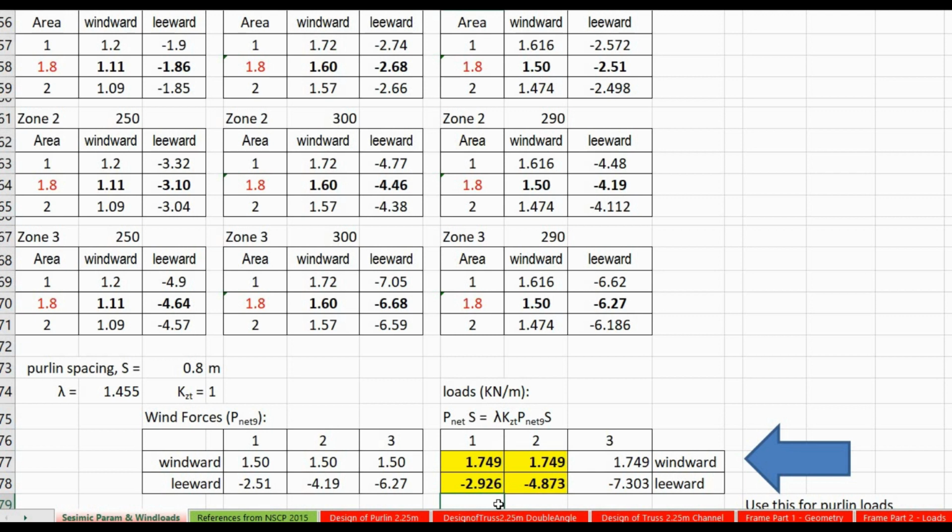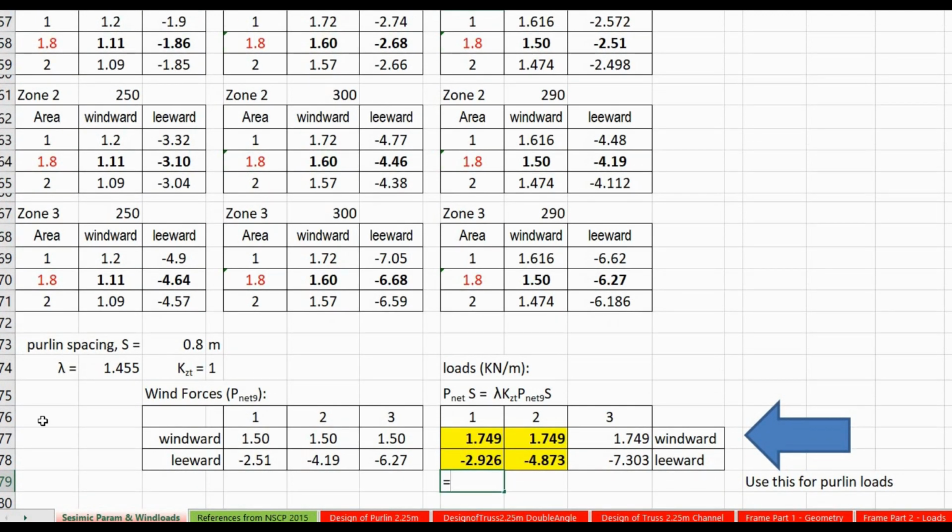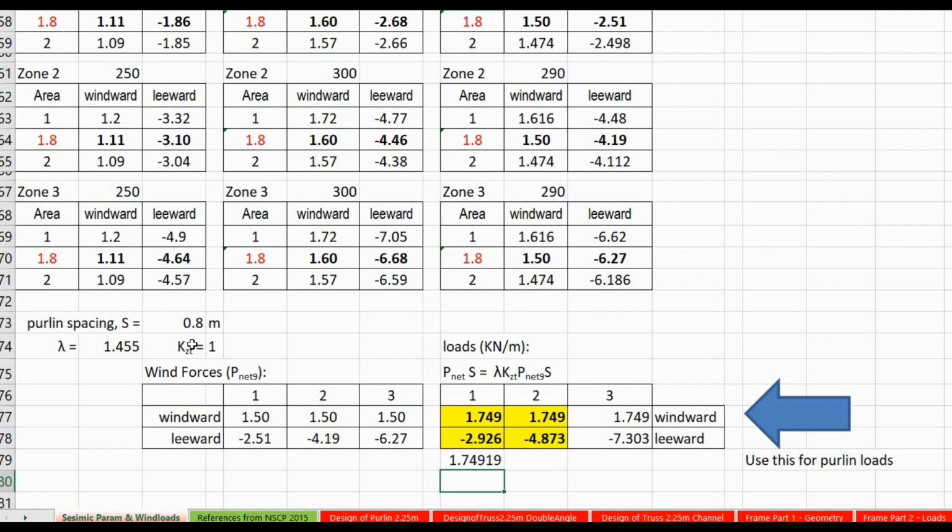Okay, so let's do that. So that is equal sign times adjustment factor 1.455 times KZT na 1 times P net 9. Ito, yung 1.5 times spacing S na 0.8. Then, you press enter. Yan. And then, ito namang negative 2.96.